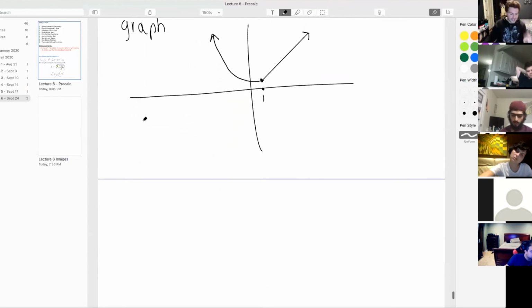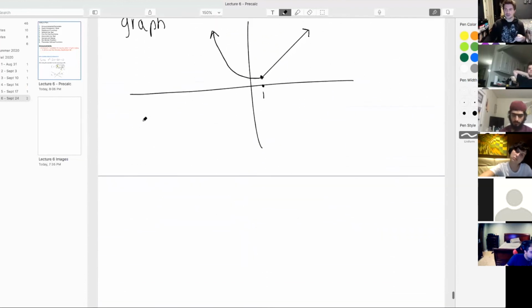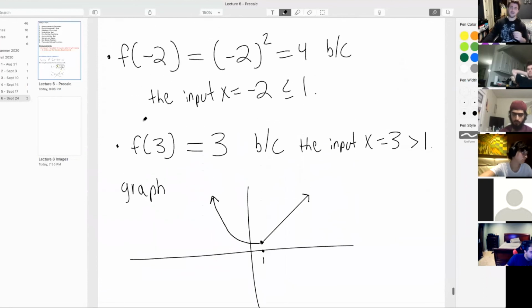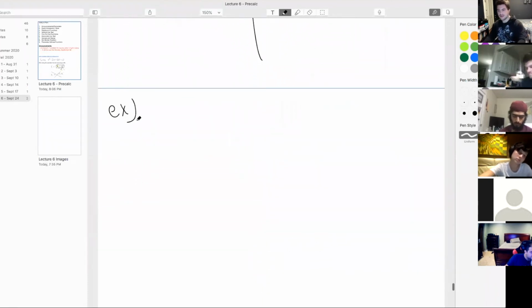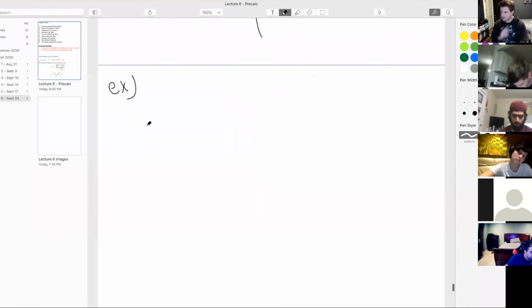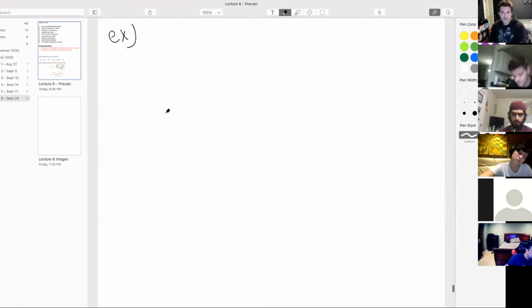Okay, so we're going to end off with another example, but in a different flavor of a piecewise function. A lot of writing, but it'll be instructive.